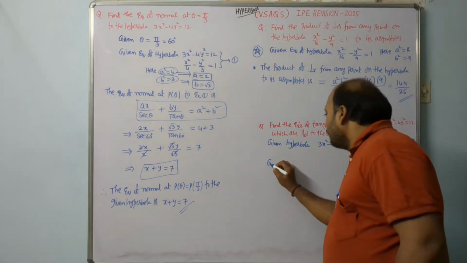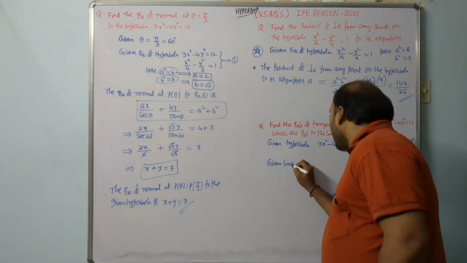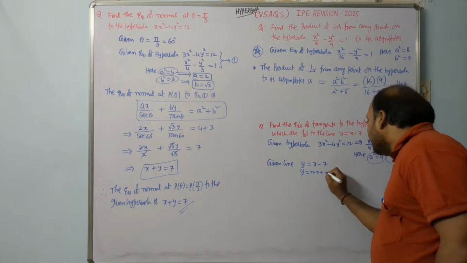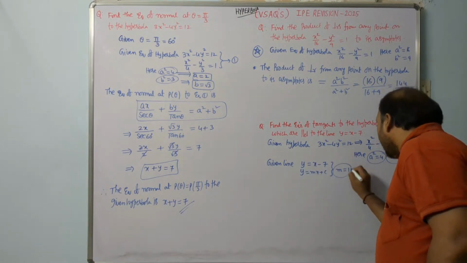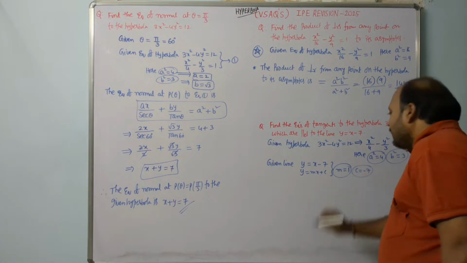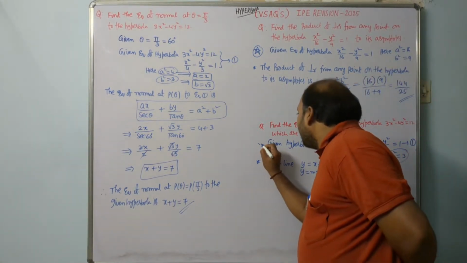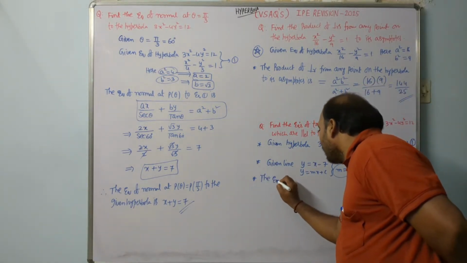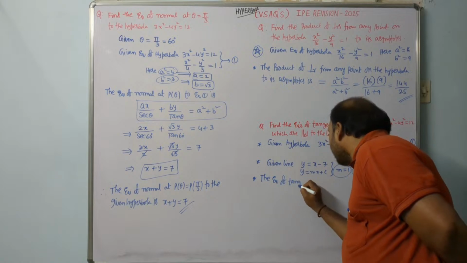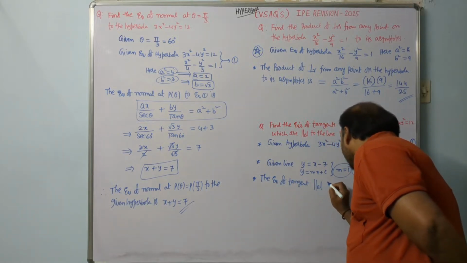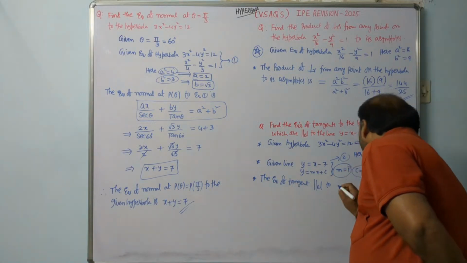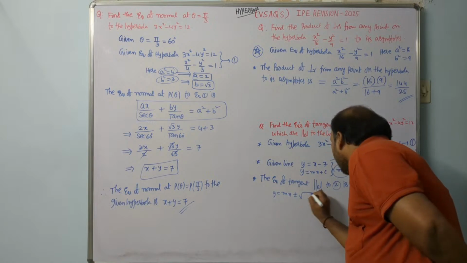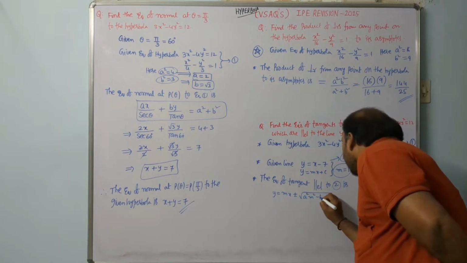So given line, y is equal to x minus 7 compared with y is equal to mx plus c, then m is equal to 1, c is equal to minus 7. So they are asking to find the parallel tangents. The equation of tangent parallel to equation 2 is y is equal to mx plus or minus root over a square m square minus b square.